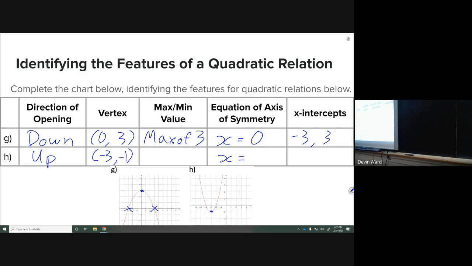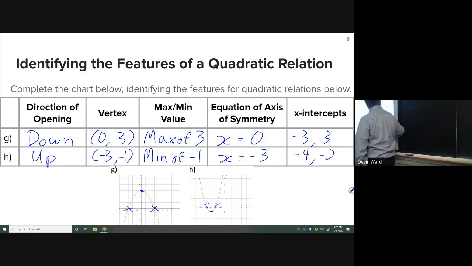Okay, so because it's going up, we have a minimum. So our minimum will be -1. Very good. So it's a y. Our axis of symmetry would be x equals -3. Perfect. And then we'll have another 2 intercepts at -4 and -2.